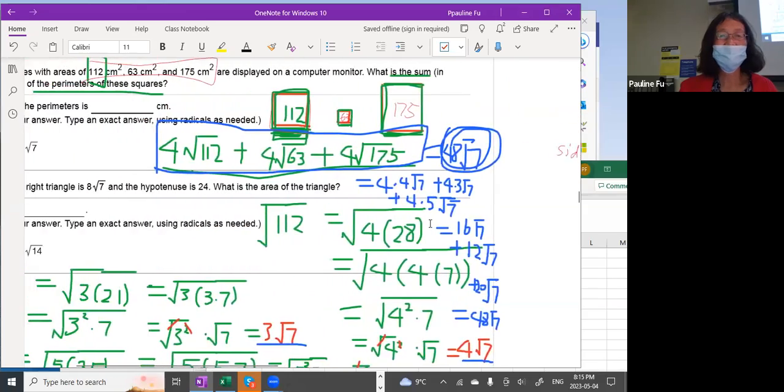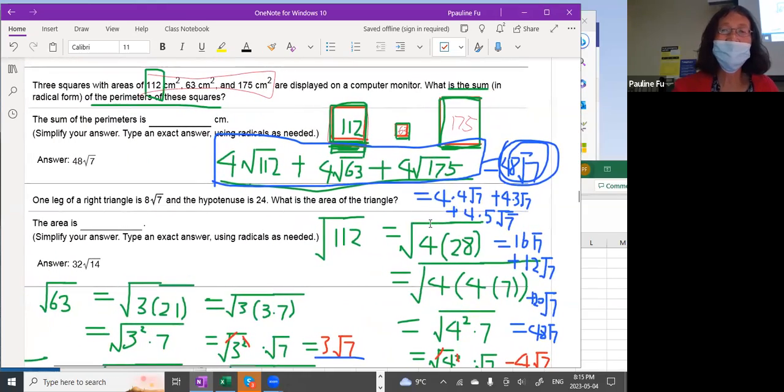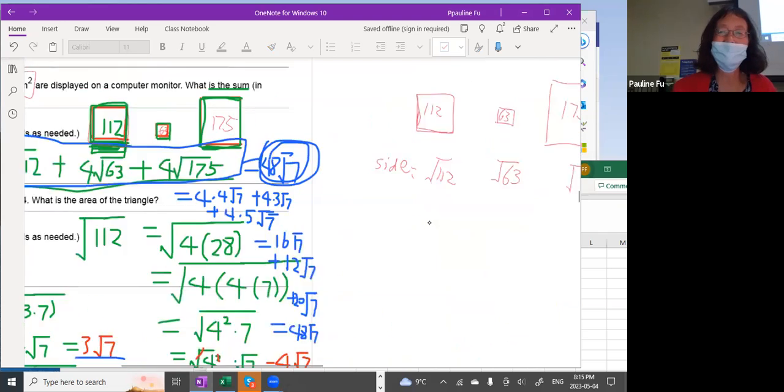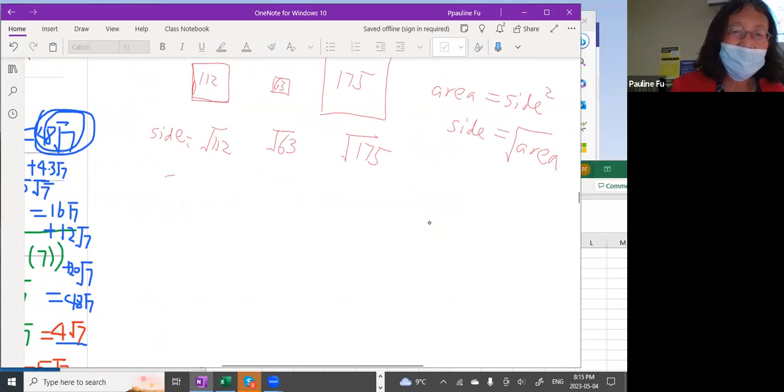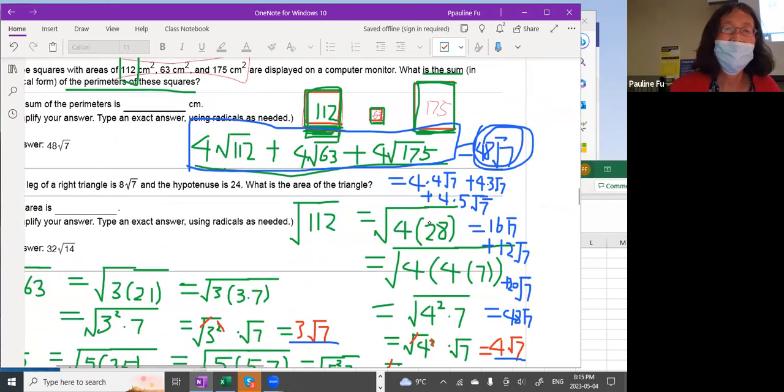Now let's look at the question. The question asks you, what is the sum of the perimeters?